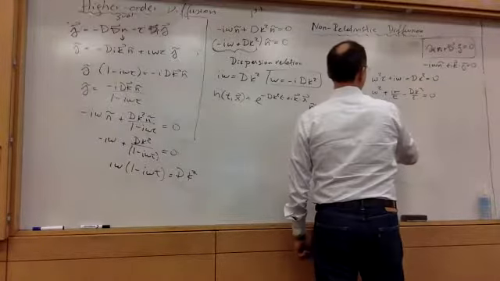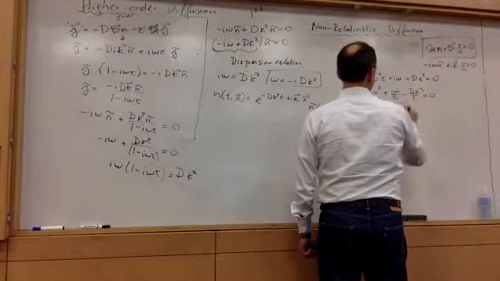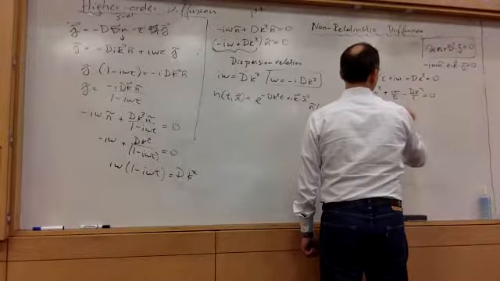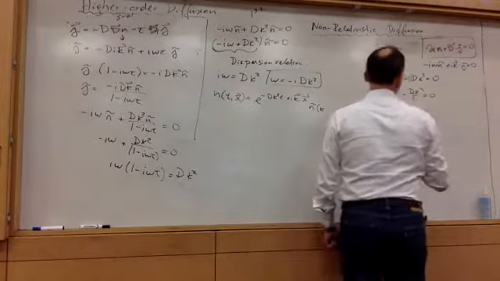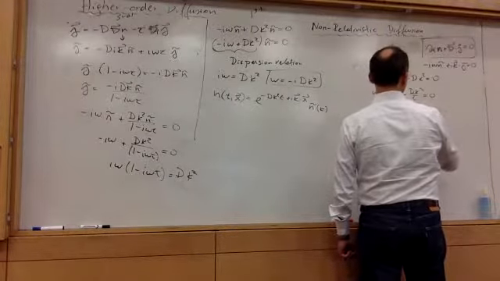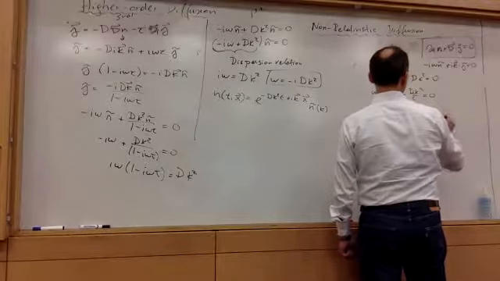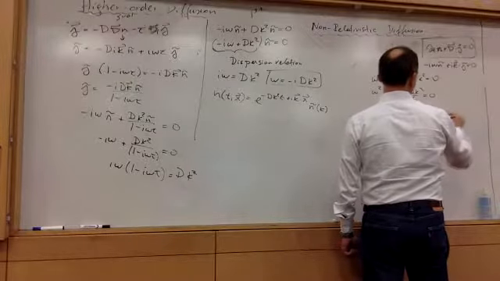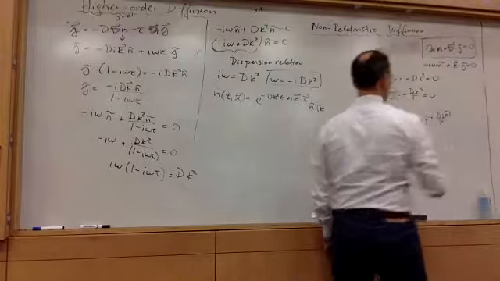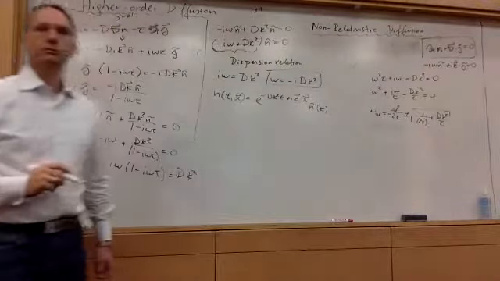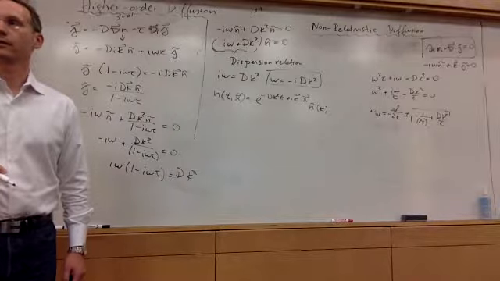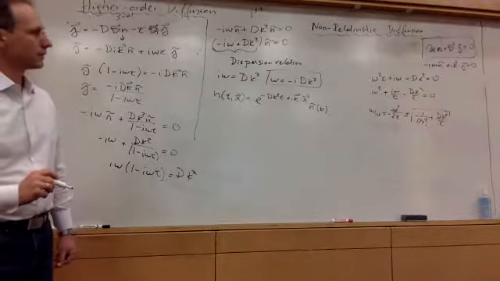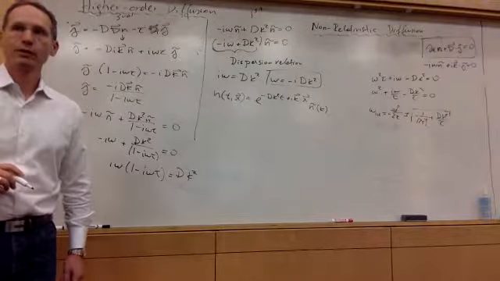Omega 1,2 is minus i over 2 tau, plus minus, the square root of minus 1 over 2 tau squared plus d k squared over tau. I don't see people nodding. That's probably a bad sign. What did I do wrong, if I did something wrong?